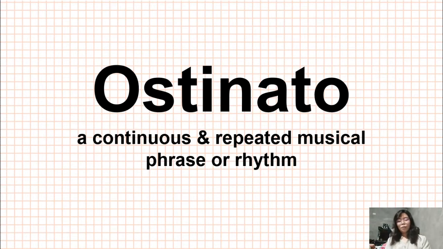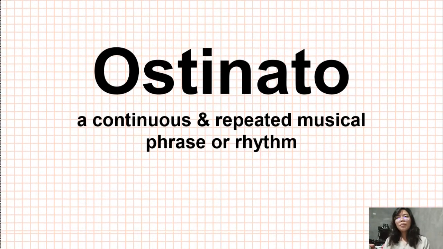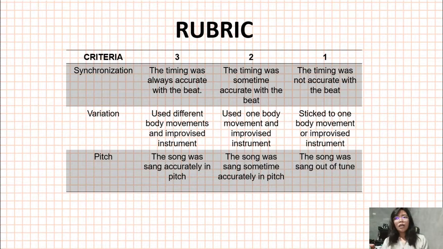Okay? So, paano kayo bibigyan ng grade? So, syempre, ito yung rubrics natin. So, number 1, synchronization. When we say synchronization, nakaayon ba yung rhythmic beats dun sa pagkanta natin? Remember, meron tayong instrumental music na sinusundan.